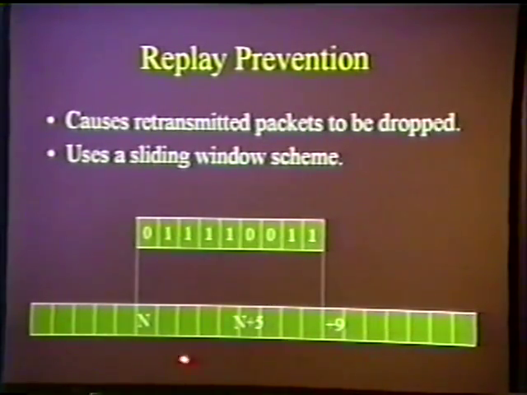But every one of these packets will be accepted. N+5, if it comes in, will be accepted. N+8 will be accepted. But as soon as N+9 comes in, this packet will no longer be accepted, as the window will slide that far. And if this packet comes in right over here, then N+5 won't be accepted anymore either.